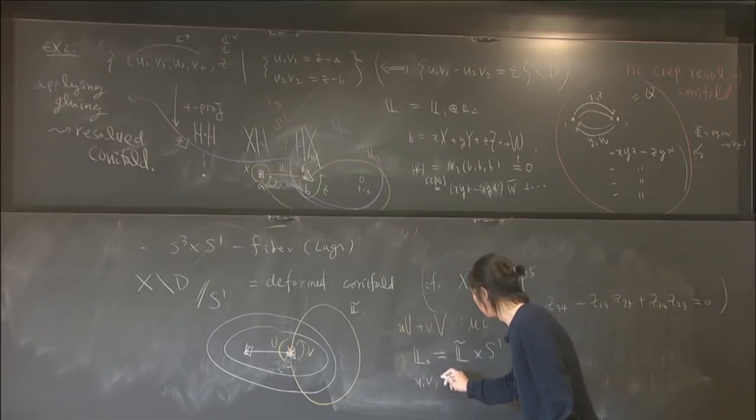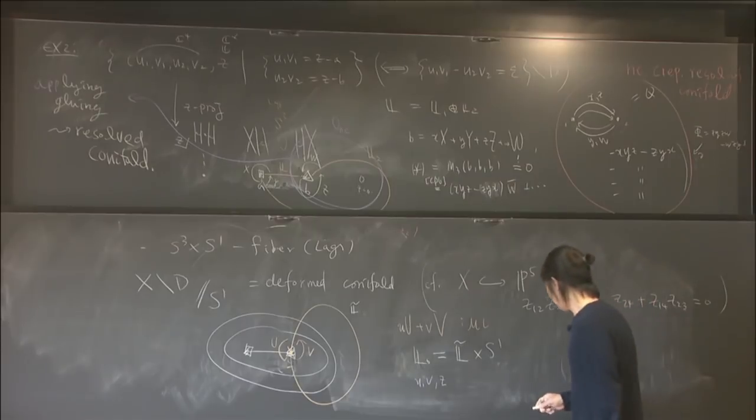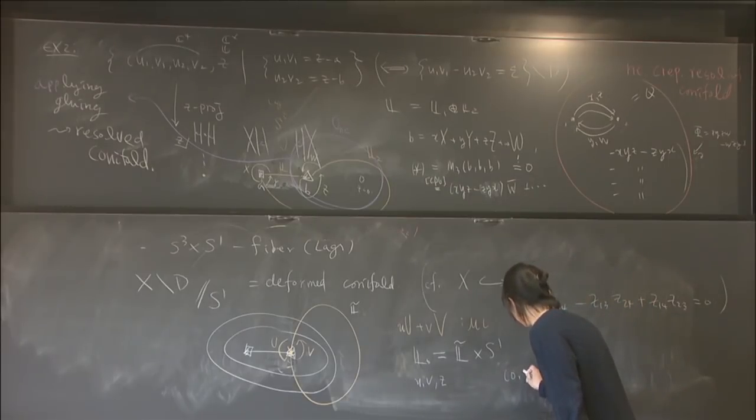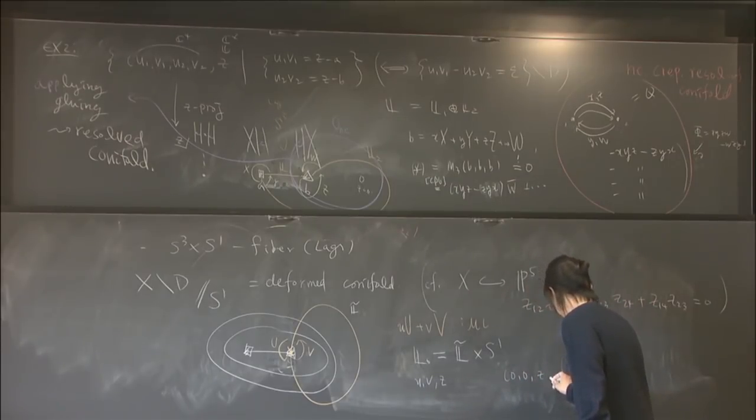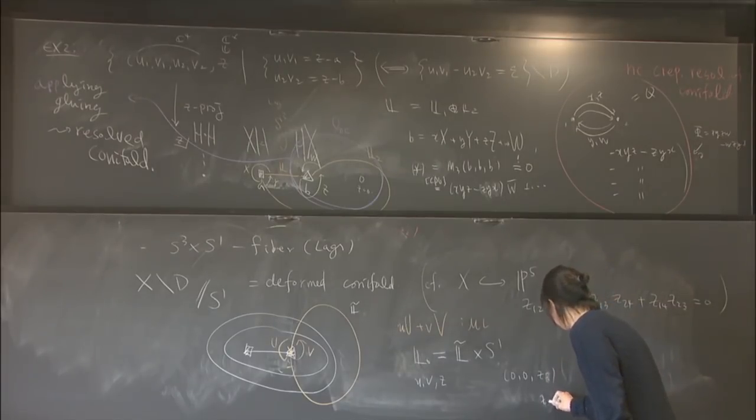So I should turn on one more C-star flat connection along this direction. And then, in fact, 0, 0, some number. I actually don't remember the number. So there are 2 of them, Zi. So these are some specific numbers, i equals 1, 2.